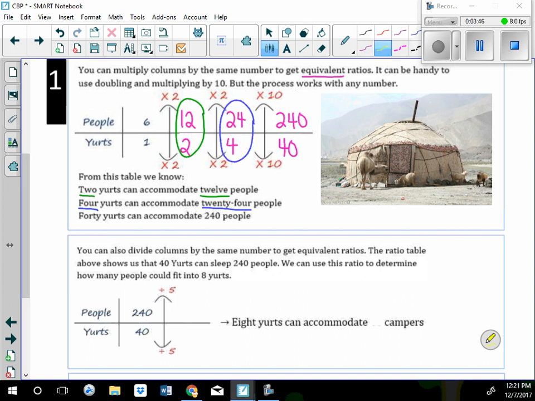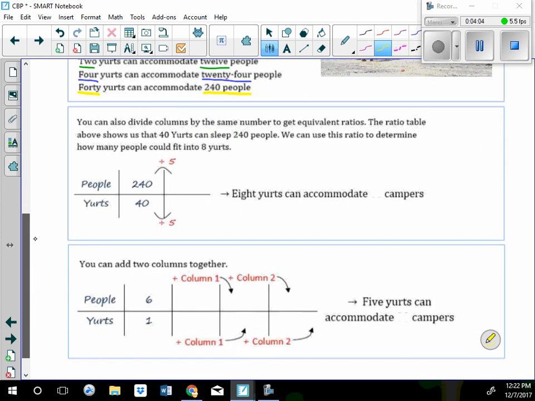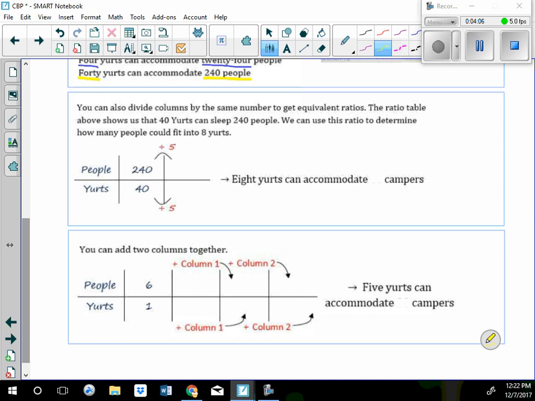And the last one I have is 40 yurts can accommodate 240 people. All right, so that's some information I can get from my ratio table. So the first strategy with your ratio table is you can scale up by multiplying. Okay. Another strategy we can use is to scale down or divide.